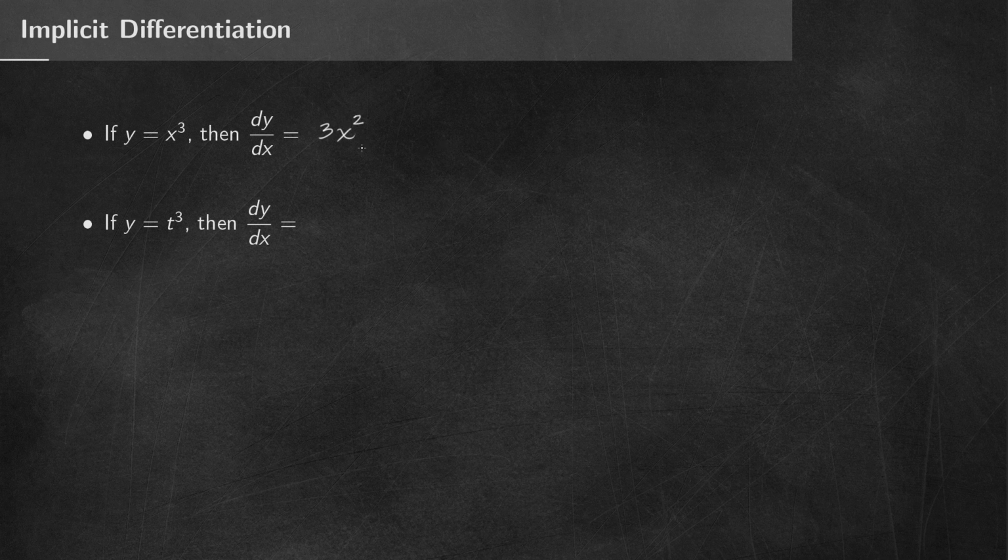Let's think about what this actually means. So let's say we have a graph of our equation y equals x cubed. Now for this graph, our independent variable is x, so that's on the horizontal axis, and our dependent variable is y. And when we talk about the slope of our curve at some point, it's the change in y over change in x.